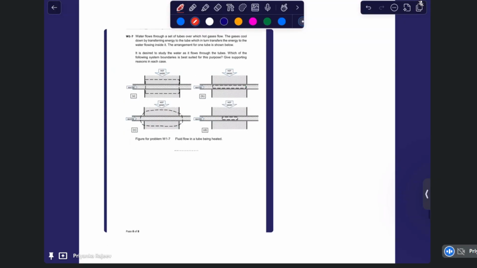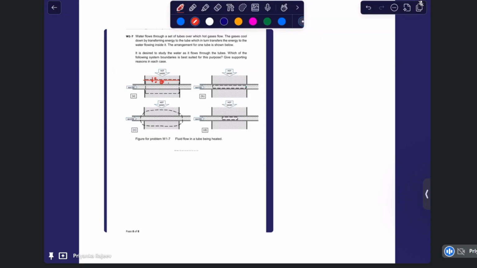So we should select the system boundary such that we can see how much of the heat is being transferred into the water. In case A, if we take a system boundary like this, the whole system, gases are inside the boundary also. So heat transfer from here to here may not be there, because this is also hot gas, this is also hot gas, so there won't be any heat transfer. Heat transfer happens only when a temperature gradient is there.